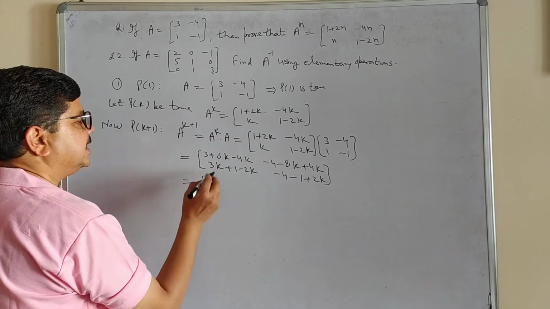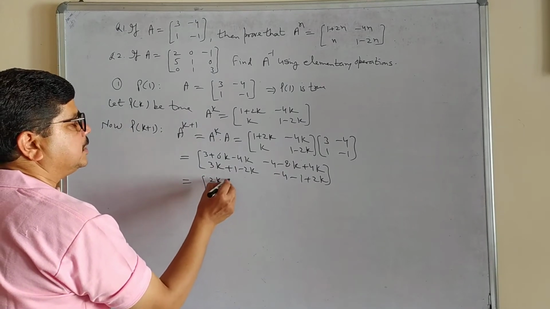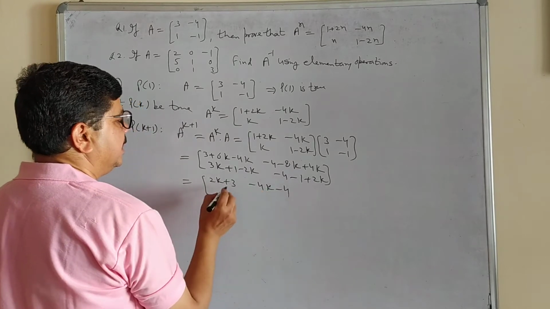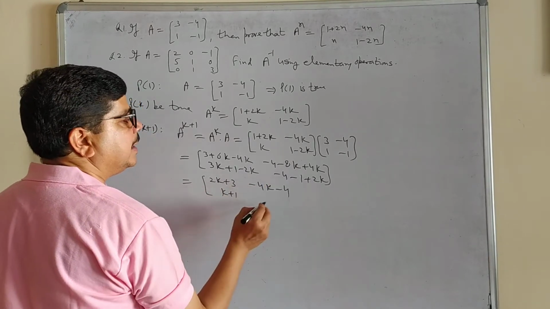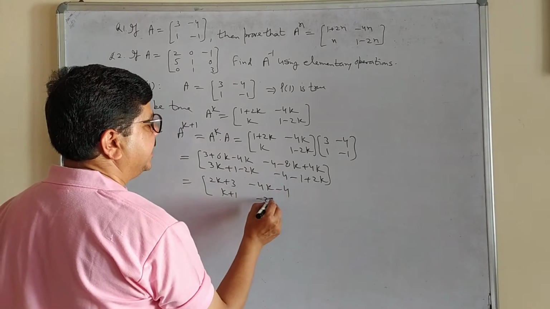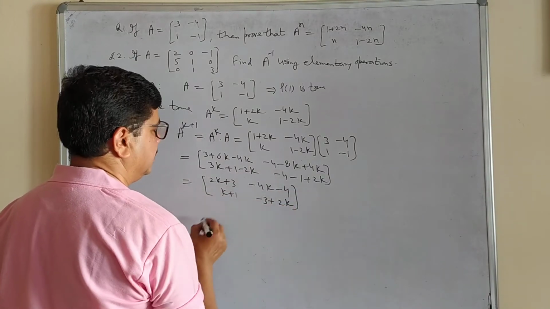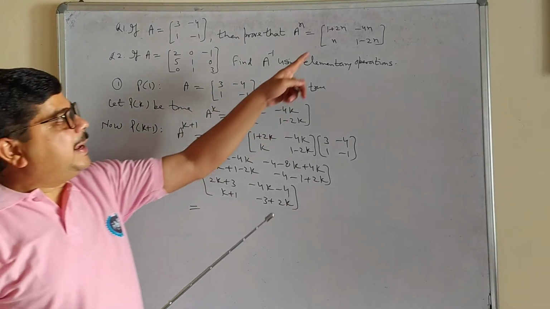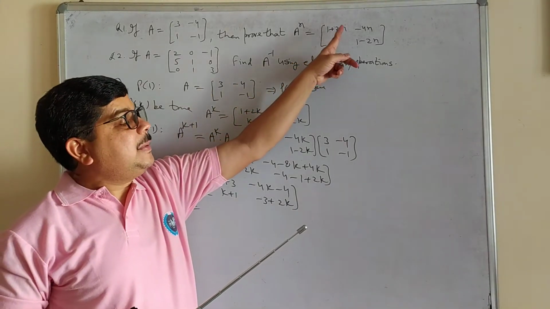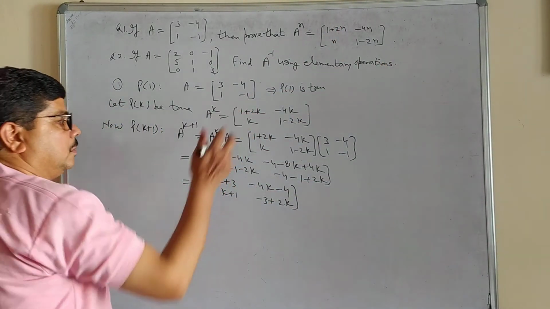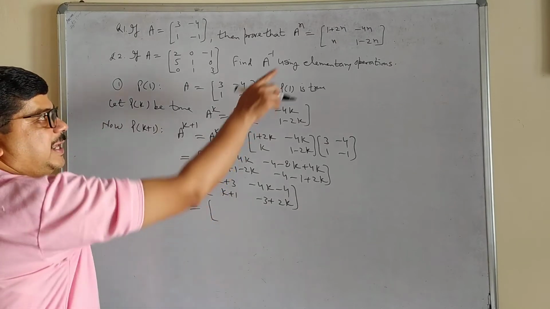It comes as 2k plus 3, minus 4k minus 4, k plus 1, minus 3 plus 2k. Which is same as when you put k plus 1 in place of n and solve. So we will write it in that form only.